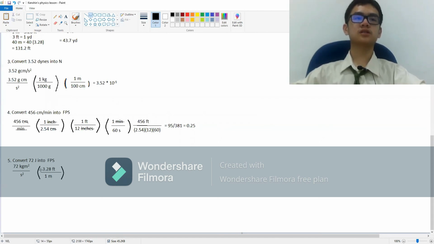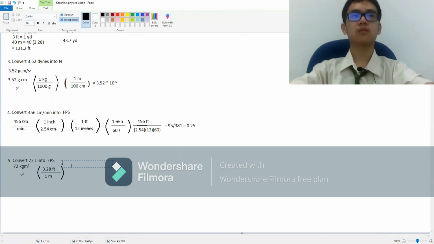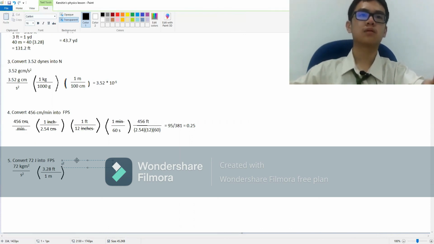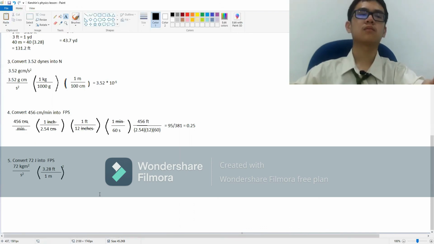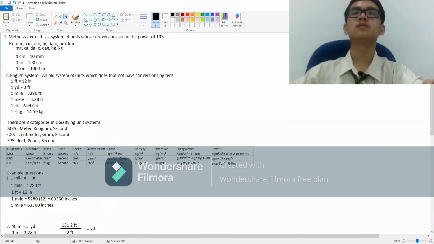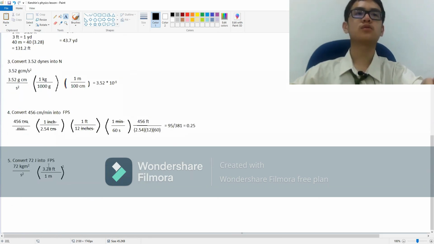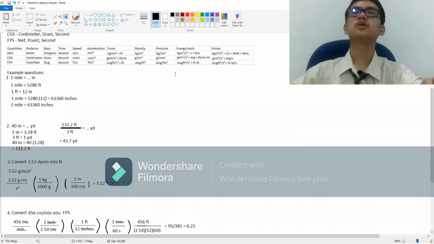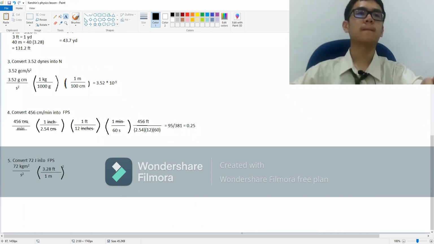So now, because this is meter squared to feet squared, we need to square this too. Wait, does that say kilogram meter squared? Oh yeah, kilogram meter squared over second squared. All right. So now we're done with meters to feet.